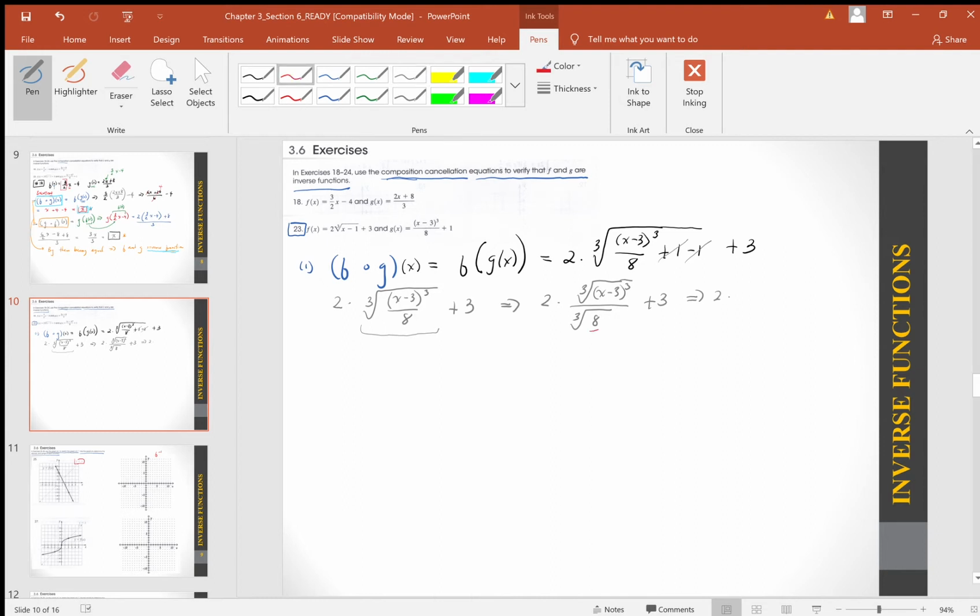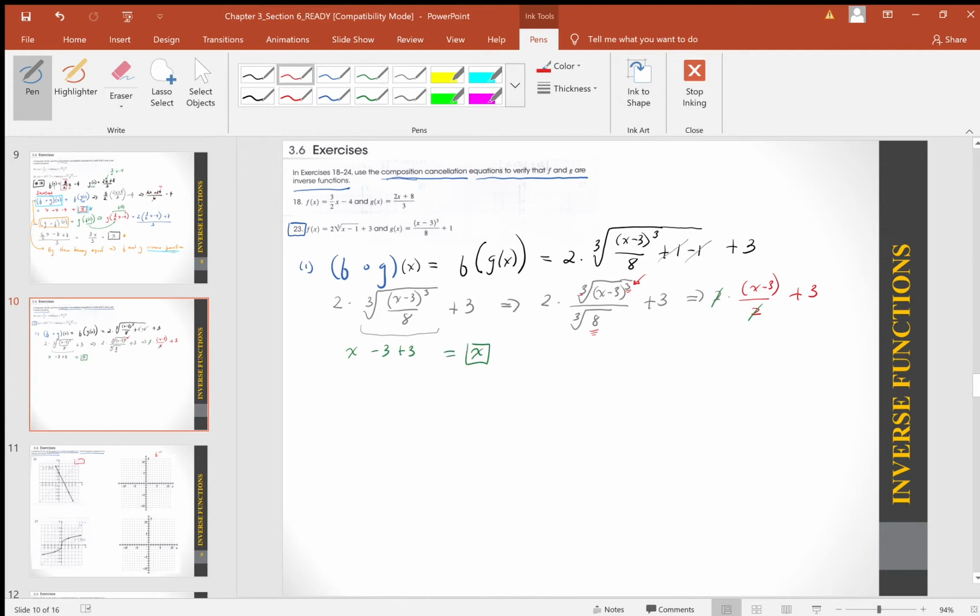This cube root of 8 is going to be 2, right? So it's going to be 2, and then for the numerator, you have a power raised to power 3 and you have a radical 3. They cancel each other out, so you're left with only x minus 3 plus 3. And then these 2's cancel out each other, so you're left with x minus 3 plus 3, which equals x.